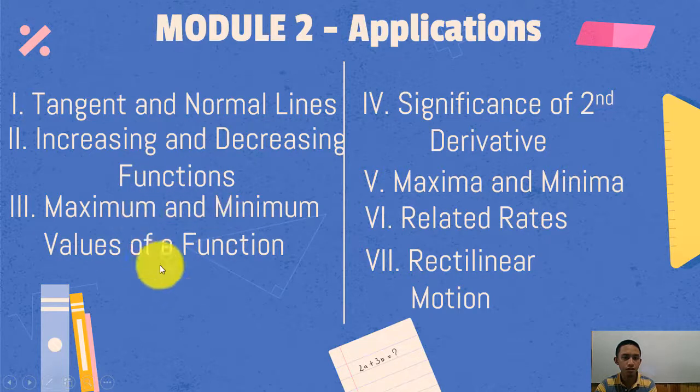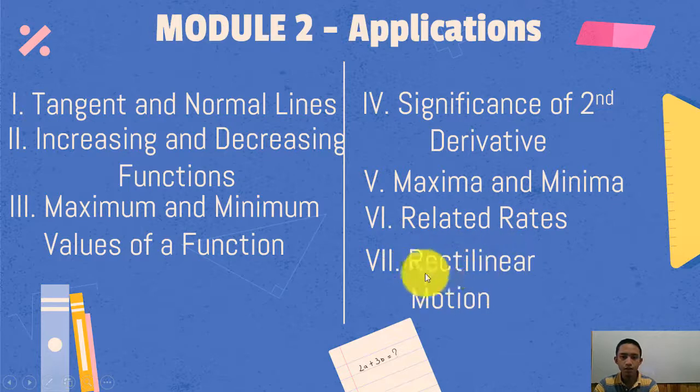In here we will be graphing equations. We will be finding the maximum and minimum values, and the significance of the second derivative, then maxima and minima, which is the application of maximum and minimum values of a function, and then related rates, which we call the time rates.